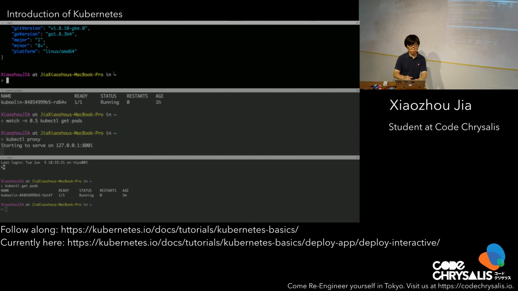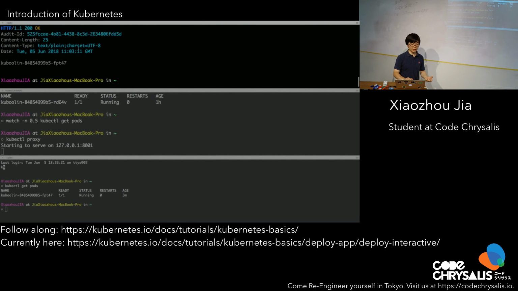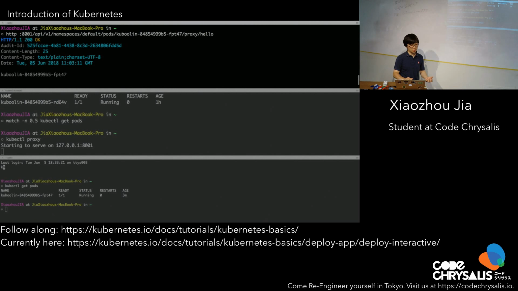And if we try to do something, so this is my application. It also runs a hello world endpoint and it returns the number of hosts it is hosting on.